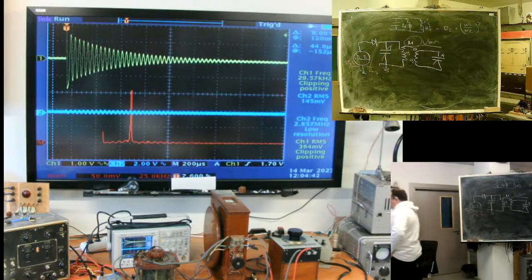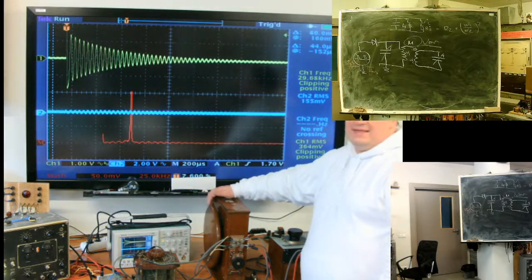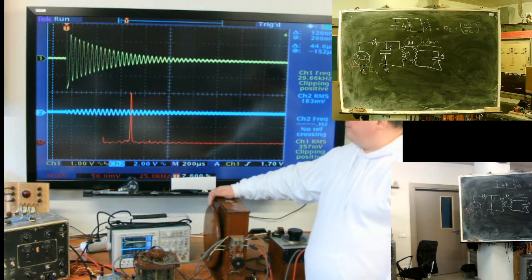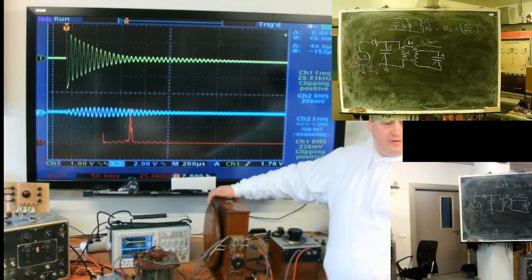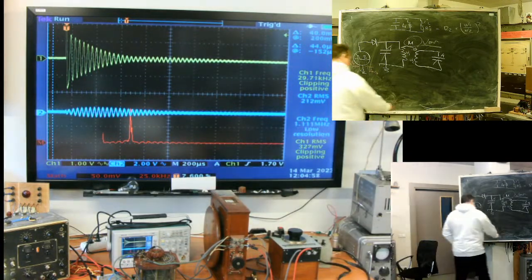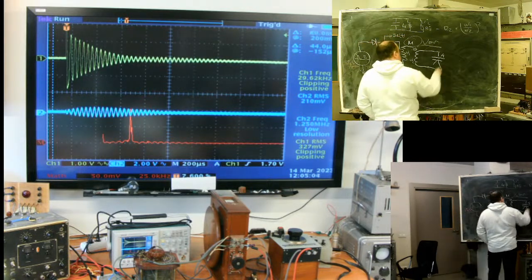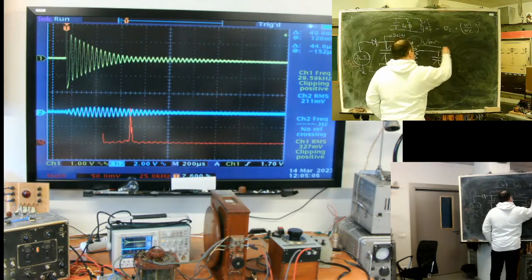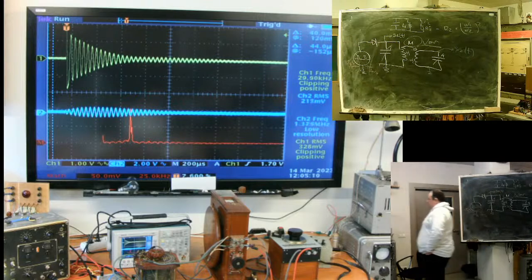Now, let's take a look at what will happen when I increase coupling. See, coupling increases, we have a higher amplitude of the secondary. This one is the first signal, and here is ground, and here is the blue second signal.